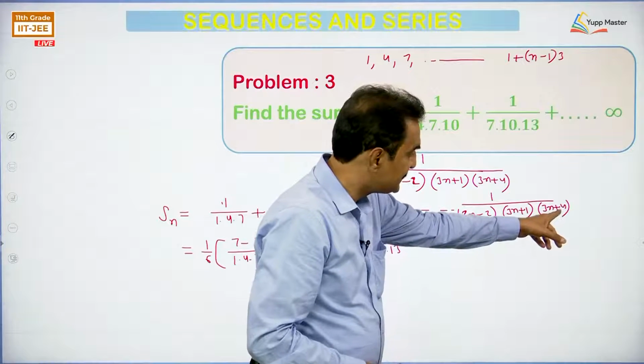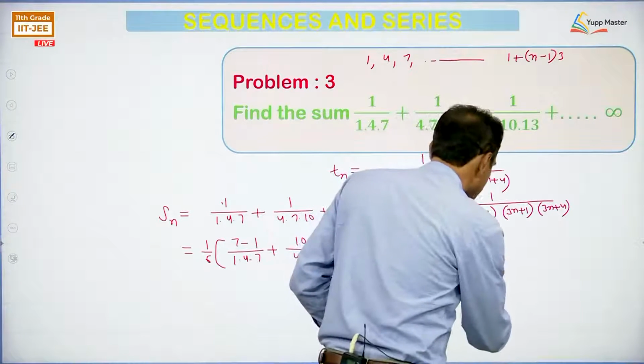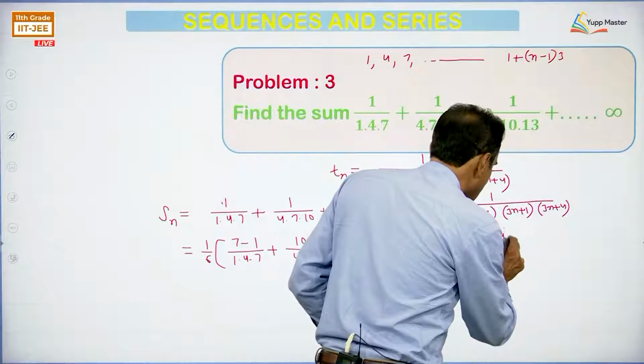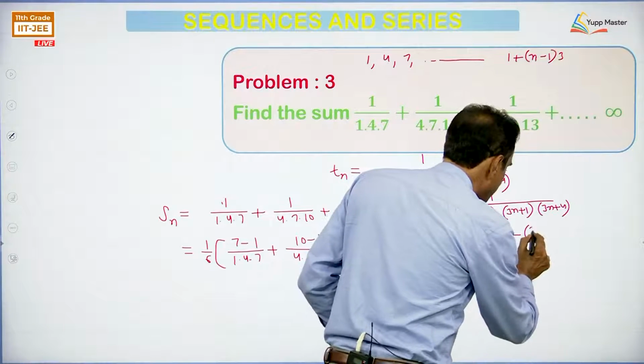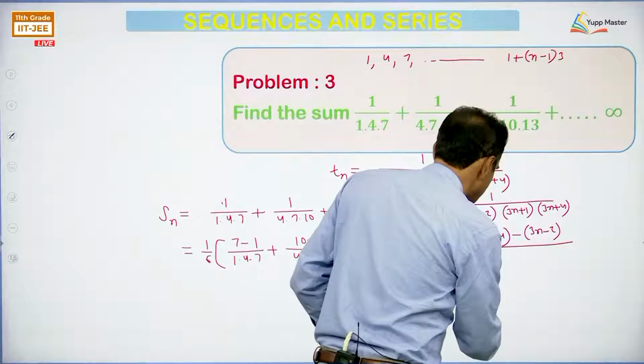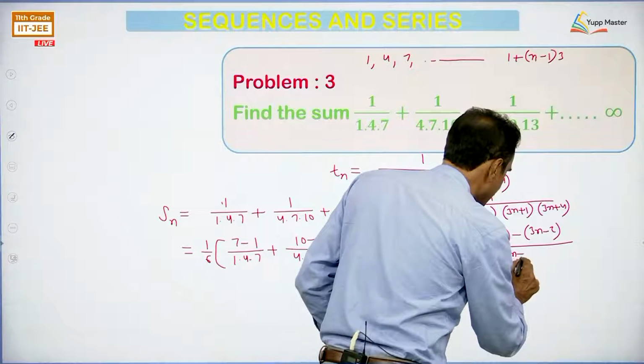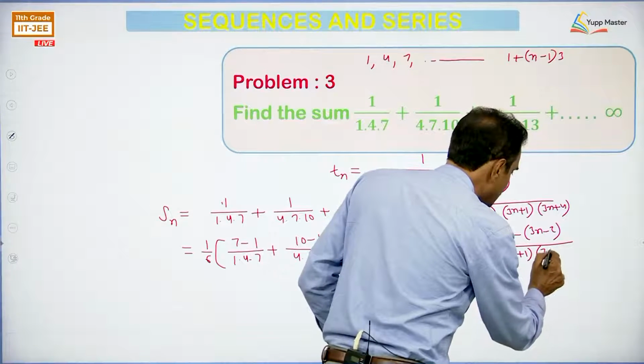We can write that 6 as 3n plus 4 minus of 3n minus 2, upon 3n minus 2 into 3n plus 1 into 3n plus 4.